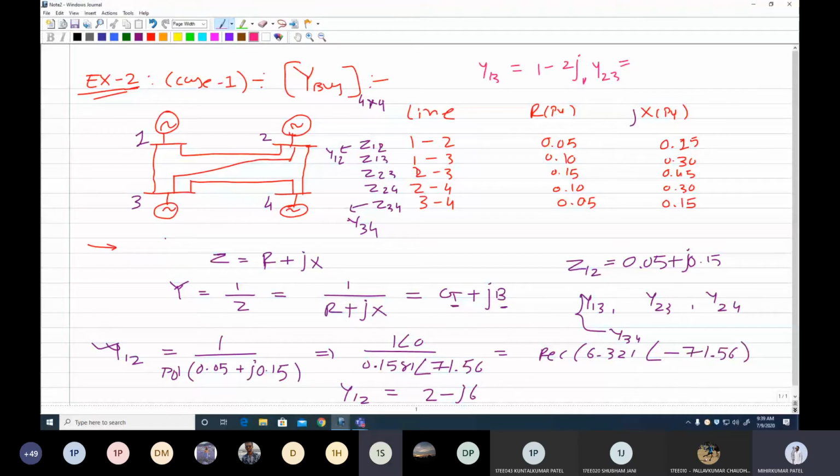Just calculate it again. Sir, 2.99 comes, so 3j. No, previously someone said 1.99. Let me calculate.